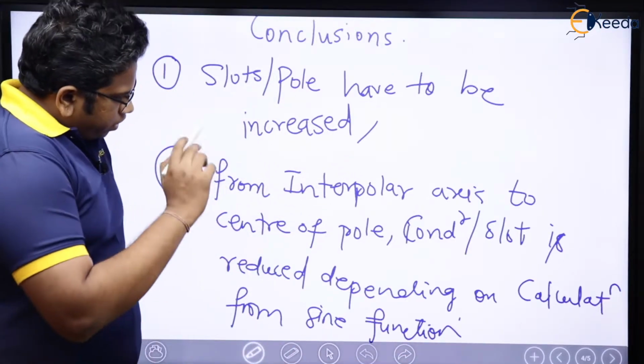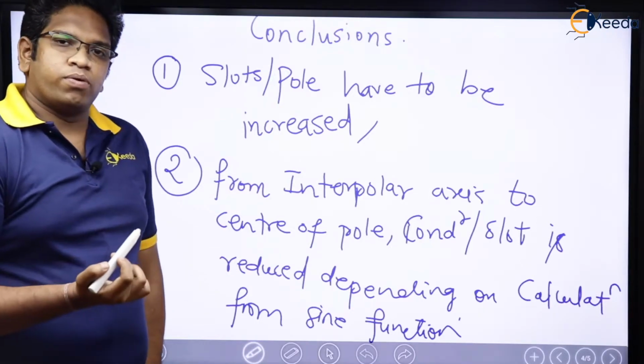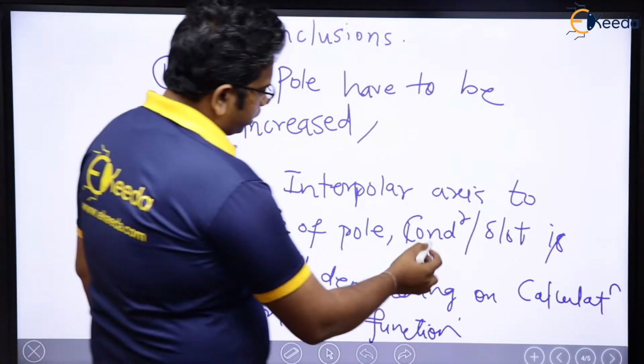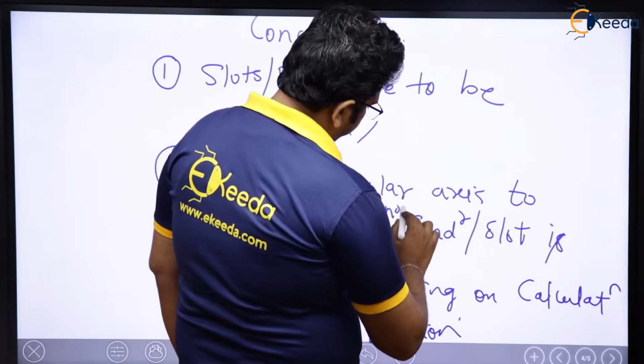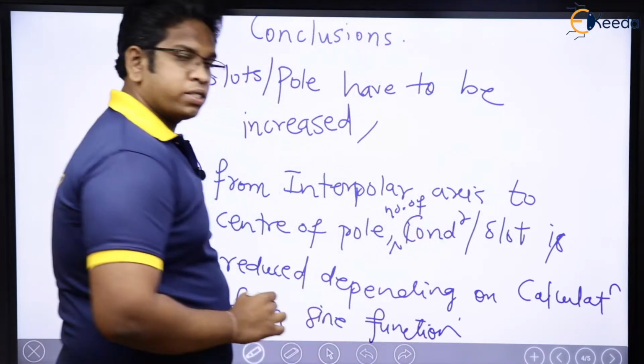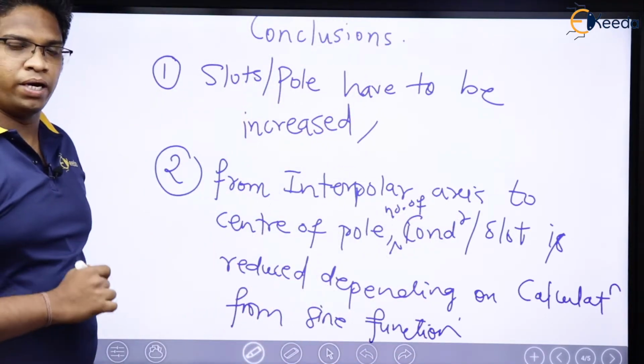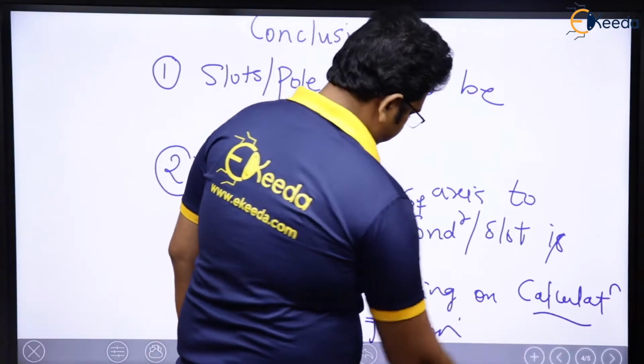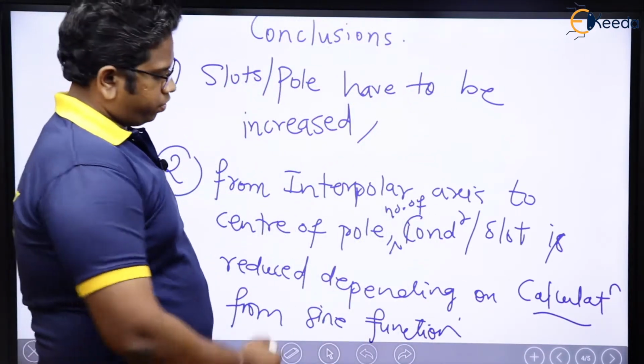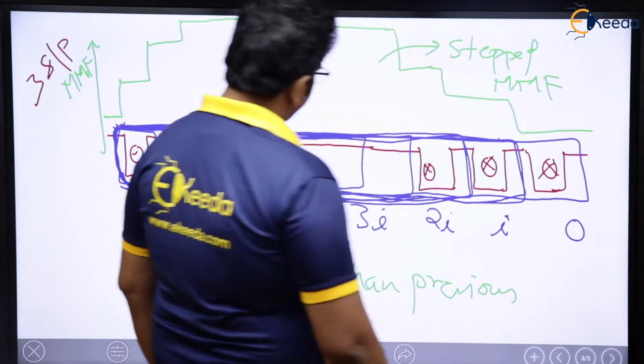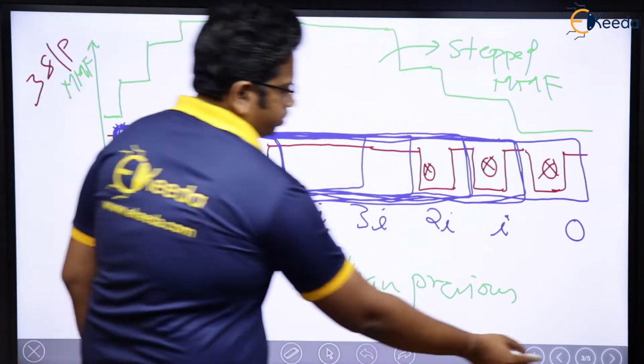So from the interpolar axis to the center of the pole, the number of conductors per slot is reduced depending on the calculation of the sine function, because we have seen already how it is going to happen.